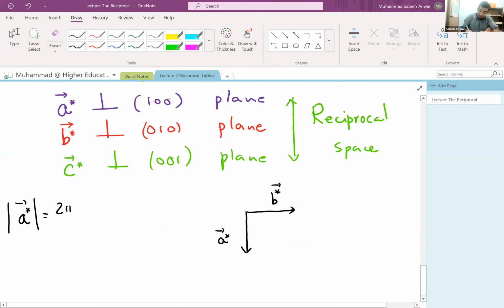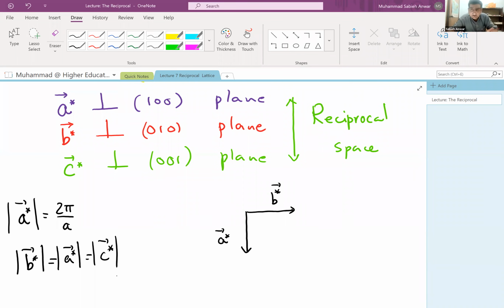It's going to be 2 pi over A. And the length of the B star vector is going to be the same because it's cubic, and it's going to be the same as the length of the C star vector. So now I've specified the reciprocal vectors as well as the length of these vectors.